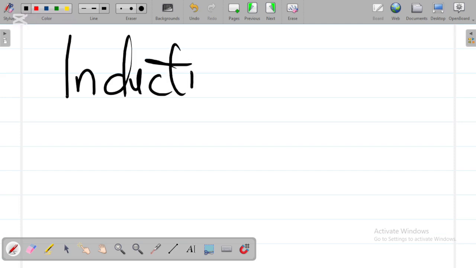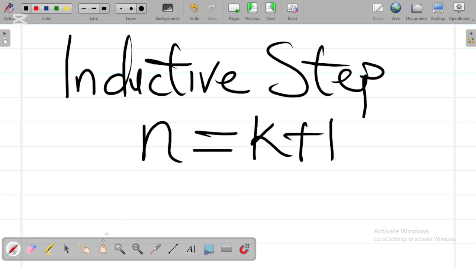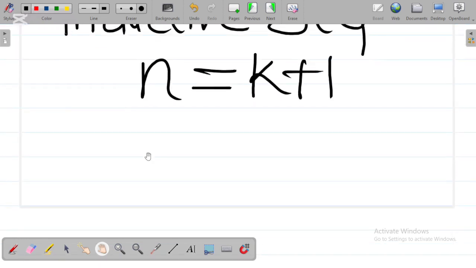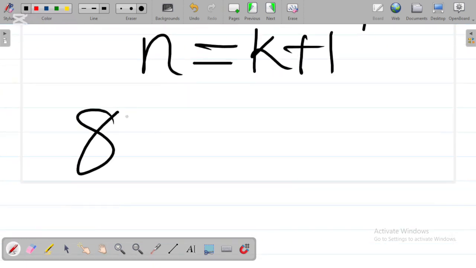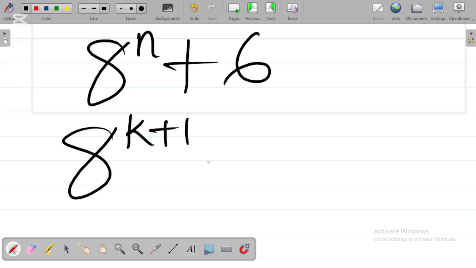All right, the next step is known as the inductive step. For the inductive step, n is equal to k plus 1. The equation given is 8 raised to the power n plus 6. So if we substitute k plus 1, we would have 8 raised to the power k plus 1 plus 6.